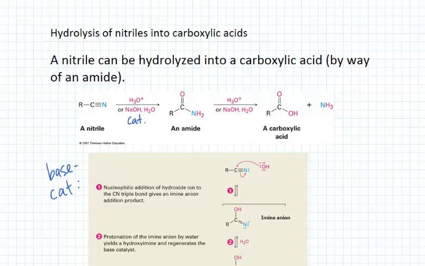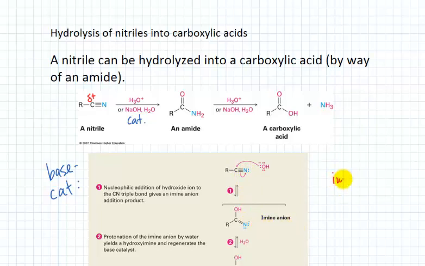If it is base catalyzed, we have a hydroxide ion that will attack the partially positive nitrile carbon, exactly as it should. Because carbon can't have 5 bonds, it's going to kick one of these pi bonds up onto the N to make an N minus. This is an imine anion.